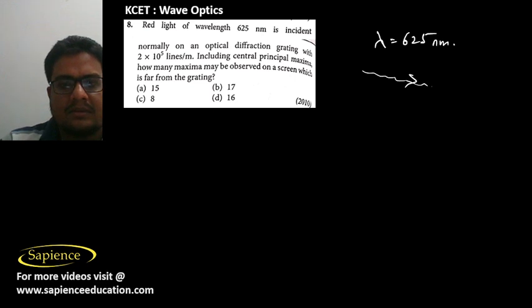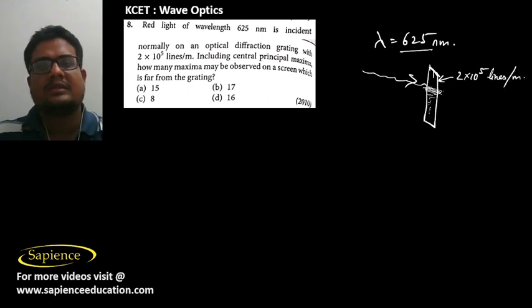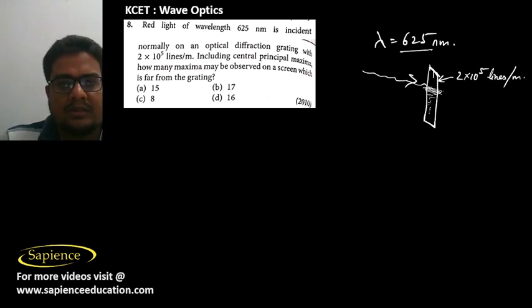Red light is incident normally on an optical diffraction grating with 2 into 10 power 5 lines per meter. Including the central principal maxima, how many maxima may be observed on a screen which is far from the grating?